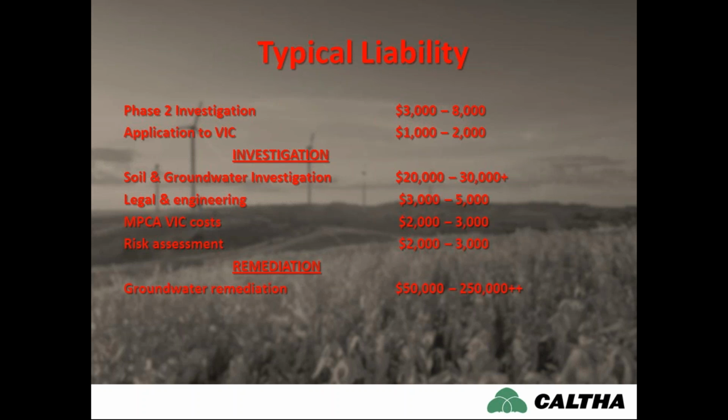It ranges typically from $50,000 to well over $250,000. It could be quite a bit more. Soil remediation is generally less expensive. It's going to be generally greater than $5,000, up to $20,000, but again, it could be a lot more. Again, we've got legal and engineering costs, and once again, the agency will be requesting reimbursement for their staff time.